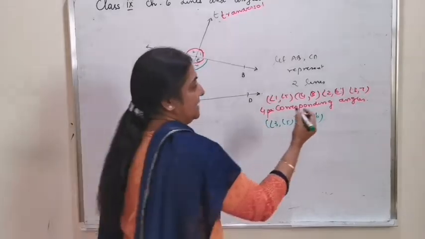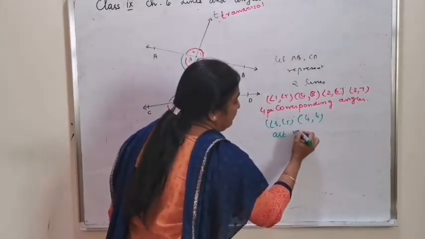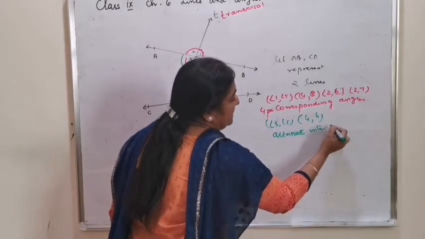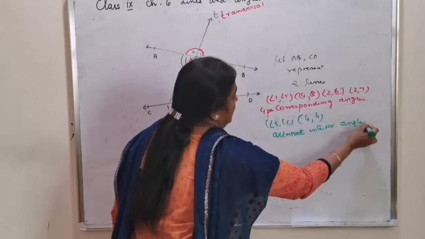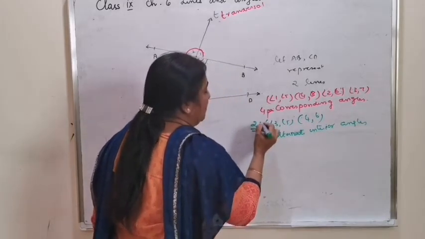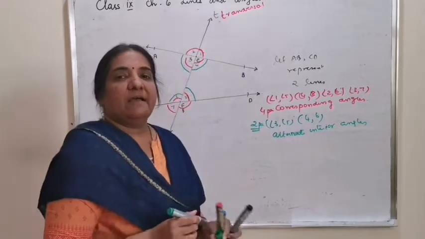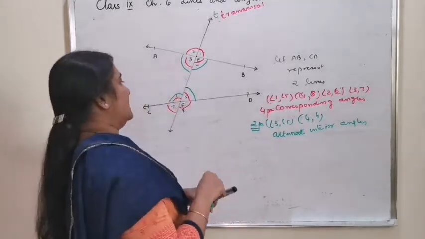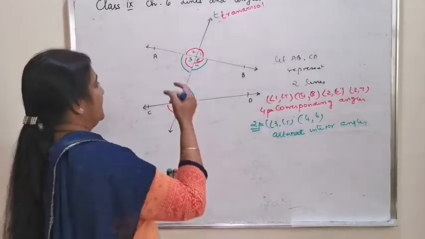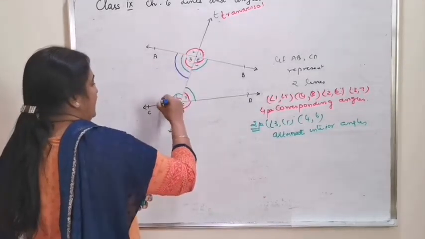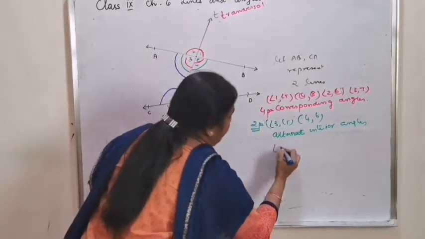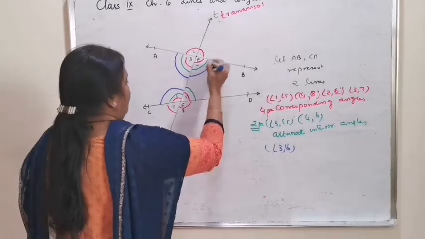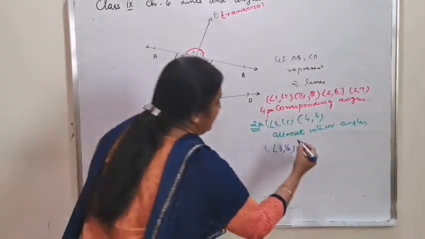They are called alternate interior angles. There are two pairs of alternate interior angles and then one more pair of angles represented as 3 and 6 as one pair and 4 and 5 as another pair.